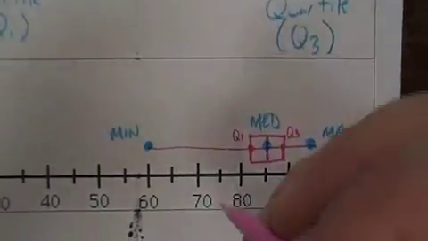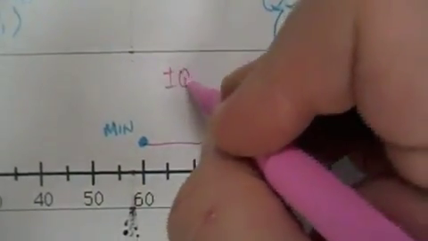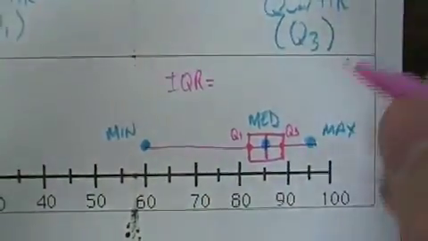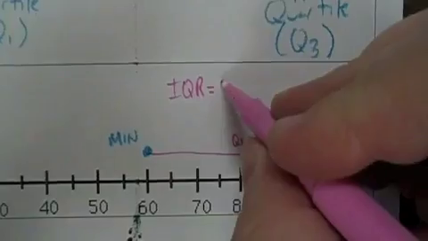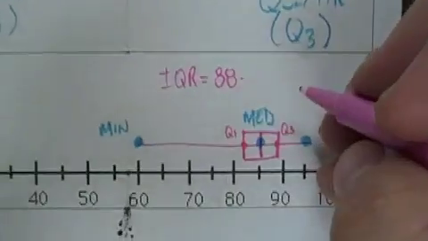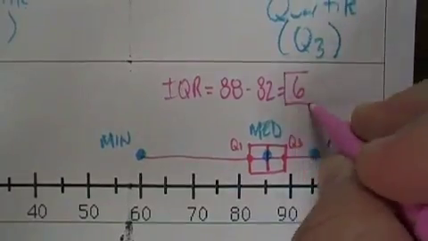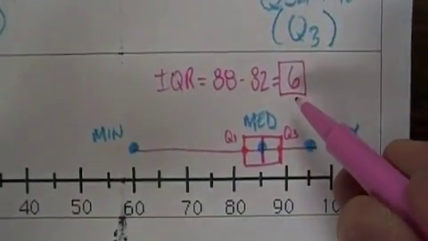Now the last thing we have to find is the interquartile range, which is just equal to the upper quartile, 88 in this case, minus the lower quartile, which is 82. So the range is only 6. That's why the box is very small. It's because the range is very small.